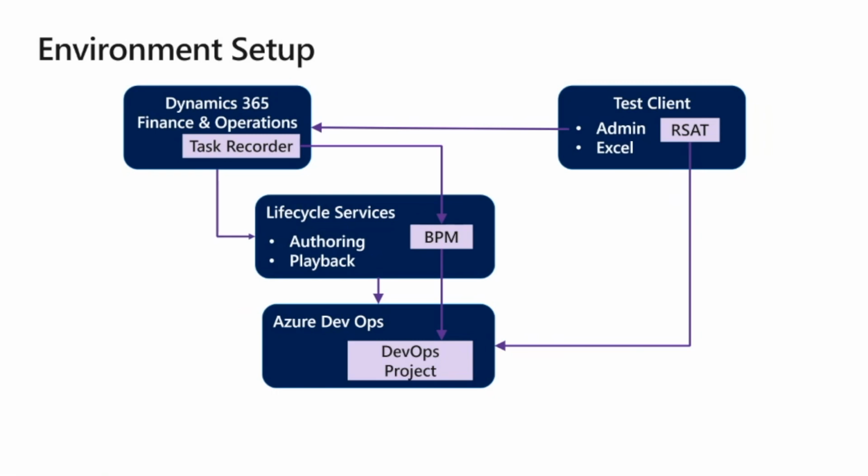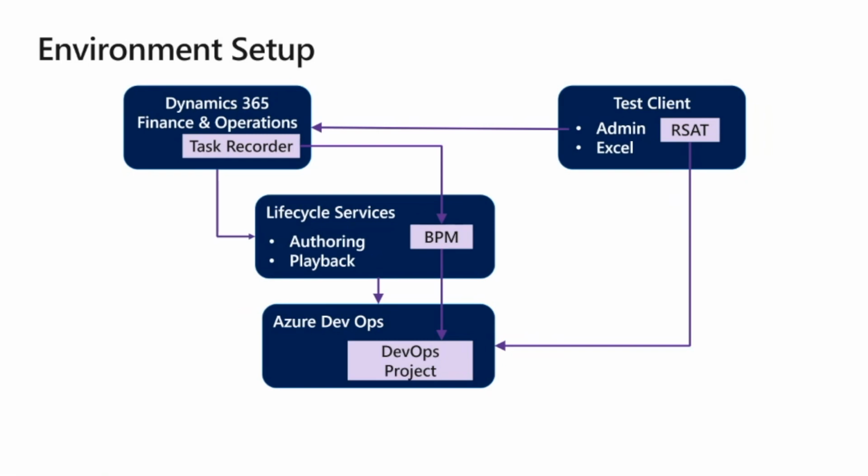Once in LCS and the BPM, these recordings are synced over to Azure DevOps and become test cases. This is important because when you run the actual RSAT test client, it reads the test case definitions from Azure DevOps and executes them against Dynamics. Thus, success or failure is based on the validation logic in the test itself.